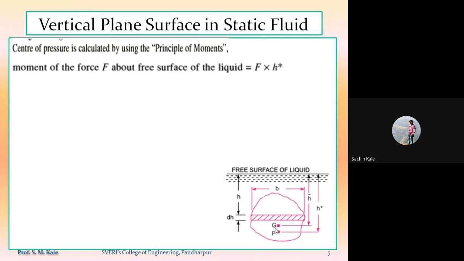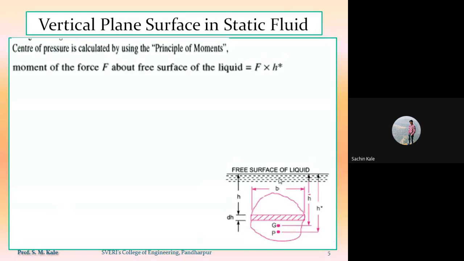For that purpose, first of all, I have to take the moment of the resultant force about the free surface. If the total or resultant pressure force acts through a point P, then the moment of that resultant force will be the total force F into the perpendicular distance h star. So F into h star is the moment of the resultant about the free surface.